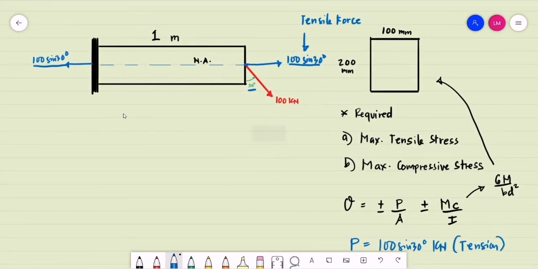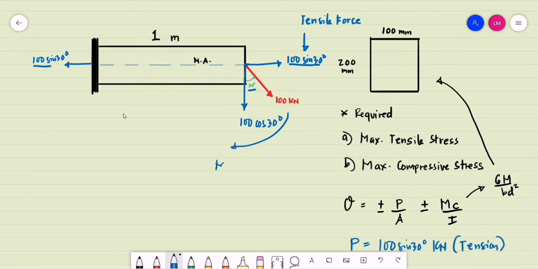Then next, we consider the other component of the 100 kilonewtons, its vertical component, 100 cosine of 30 degrees. This vertical component will give a moment.